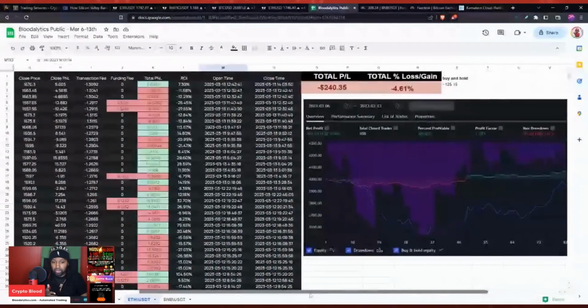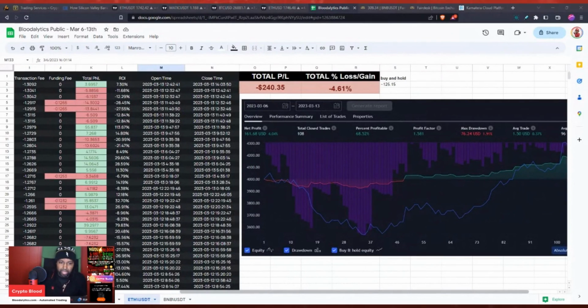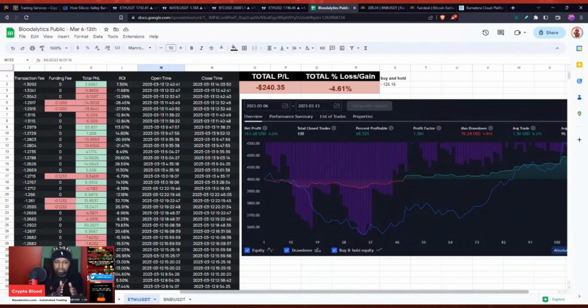So if the algorithm is in the red that week, then we should be in the red as well, but it should reflect, and the delta should not be that big. That's the main thing. I just want to make sure it's mapping exactly to the performance that I have the system running and mapped on TradingView. That's my main concern. So the delta there was huge.